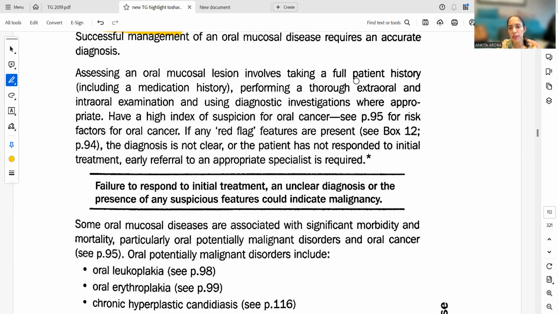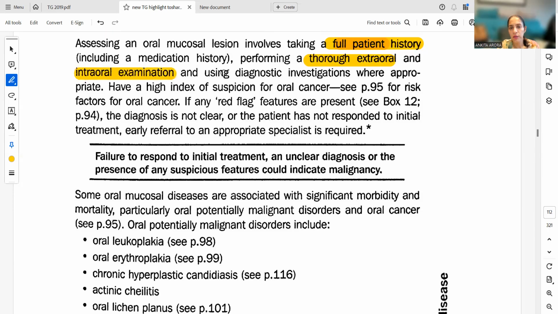So first thing is take full patient history, including the medication, and thorough extraoral and intraoral examination. And we would need investigations where needed, where it is red flag lesions. That is mostly we would need biopsy in most of the cases. And we would go through the red flag table now.